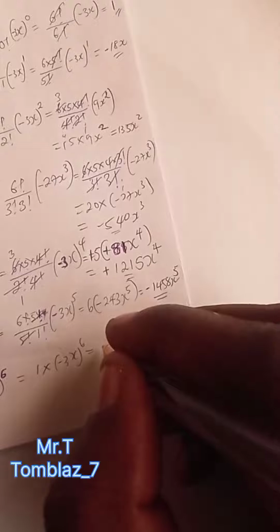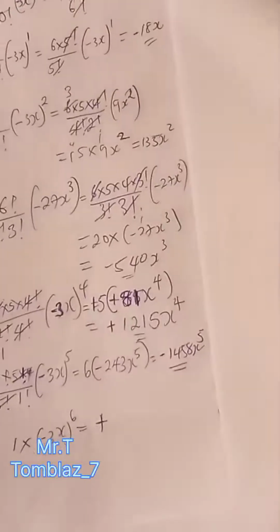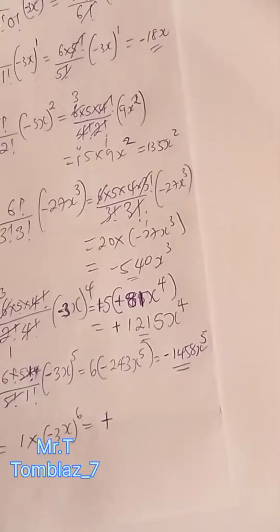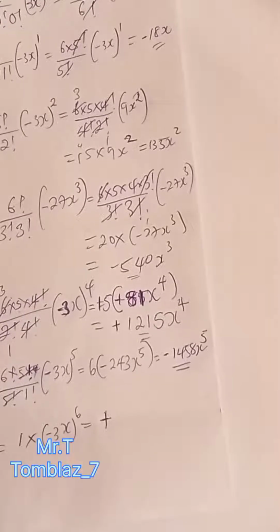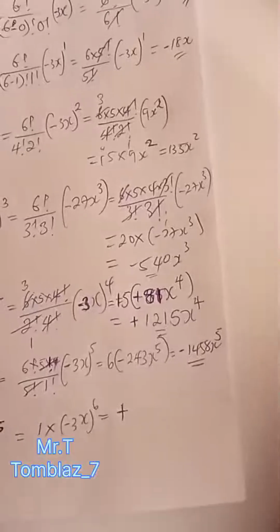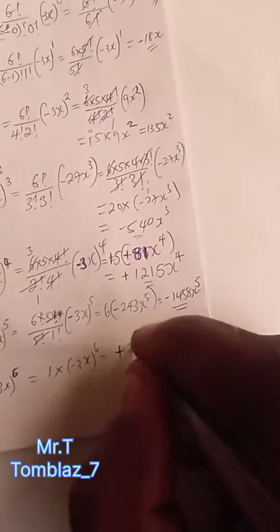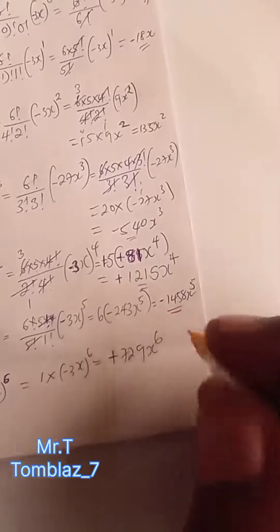So since this number is even, we're going to be having plus 3 raised to the power of 6, please. So we are going to be having 729, and then we have x raised to the power of what? 6. So let's bring out the values together.